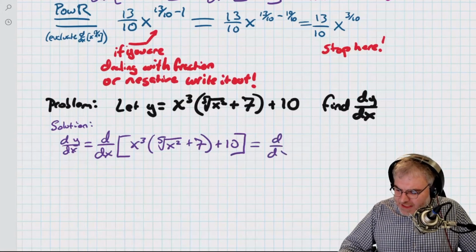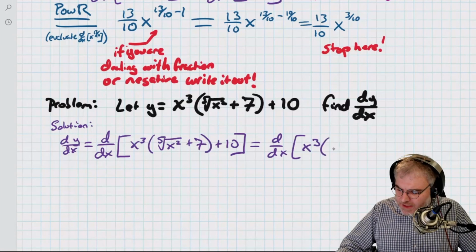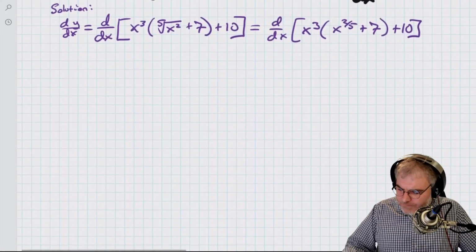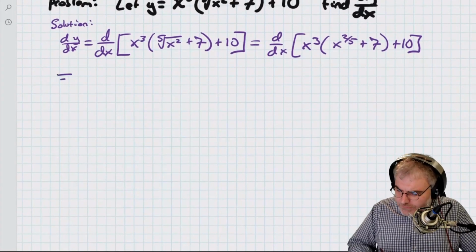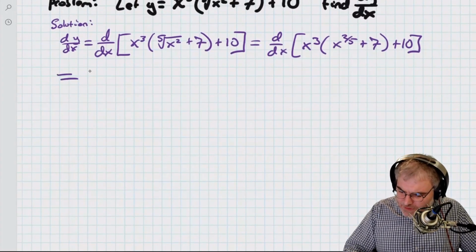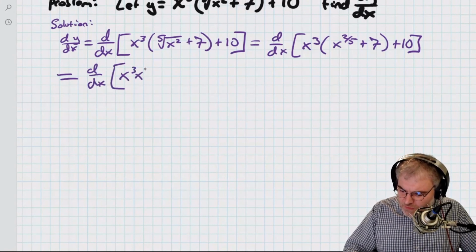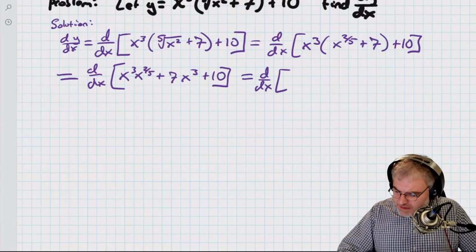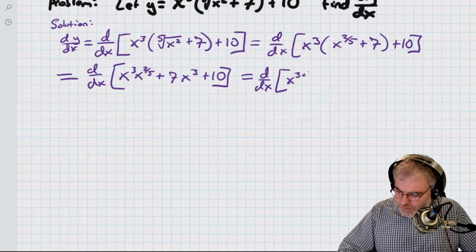So I'm going to do d over dx, x cubed times the quantity, x to the 2 over 5 plus 7, plus 10, equals, still algebra, d over dx, x cubed, x to the 2 over 5 plus 7 x cubed plus 10, equals d over dx, x to the 3 plus 2 fifths, 3 plus 2 over 5.